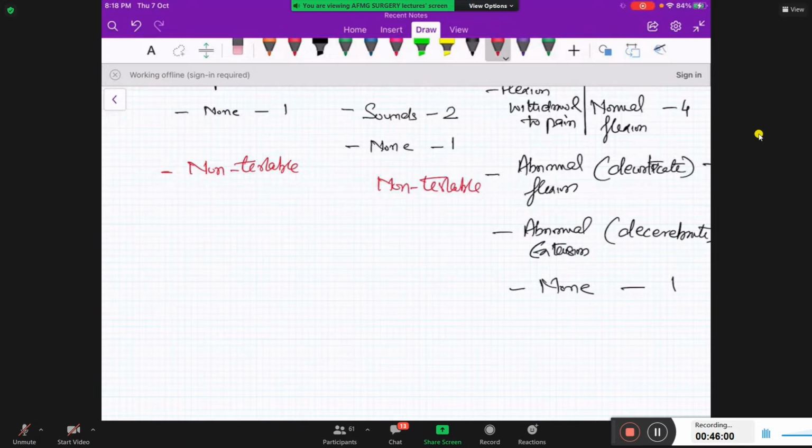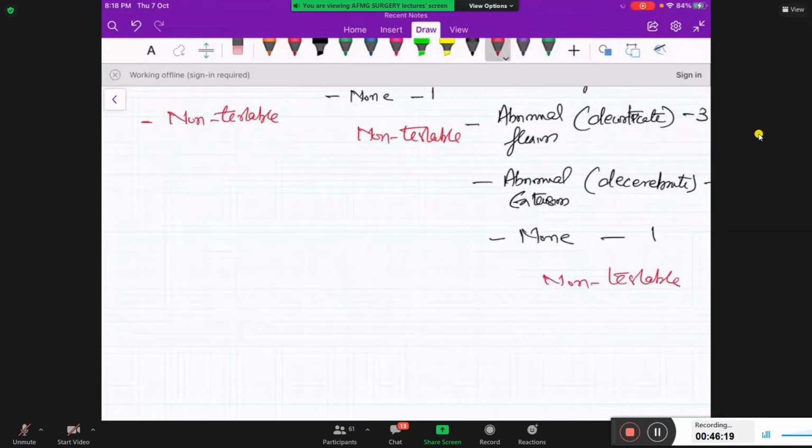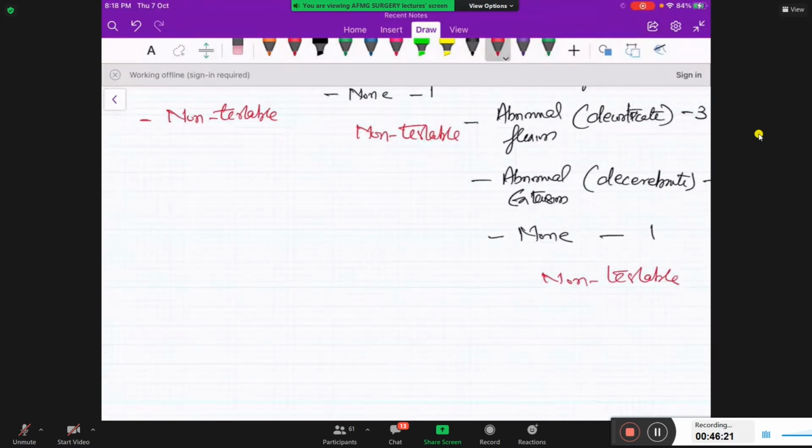And imagine patient is given a neuromuscular blocker. Patient is already paralyzed. If the patient muscles are paralyzed, there will not be any motor response. So then also we will write non-testable.